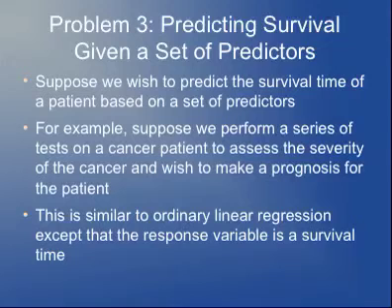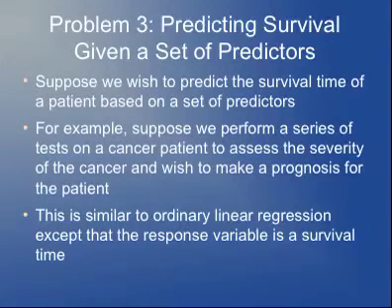And the final thing that we may want to consider in survival analysis is the analog of regression. Say that we want to do a more complicated model, that rather than just saying extended chemotherapy versus no extended chemotherapy, we have a series of possible risk factors, and we want to include all of those in the model.